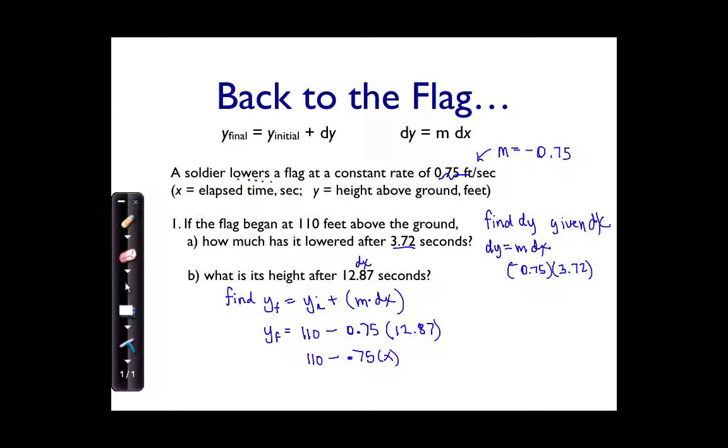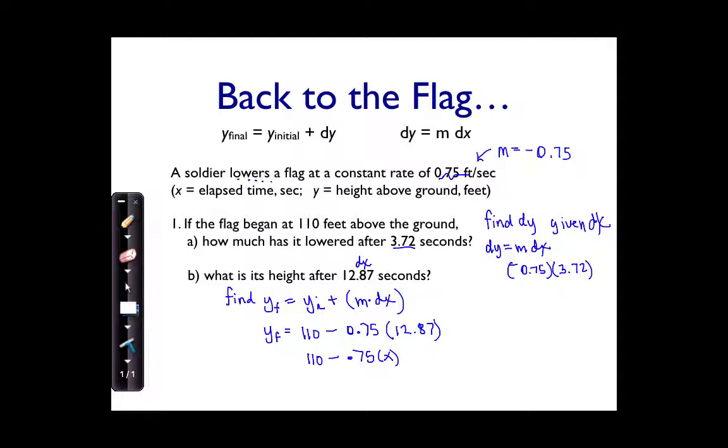Or maybe I know its height at a specific weird point in time, not at the beginning, but I want to know its height a little bit later than that. I can still use my rate to work from any known initial value of y, height, to find a final value of y, whether it's initial as in time 0 or initial as in just any initial value that I happen to know about.